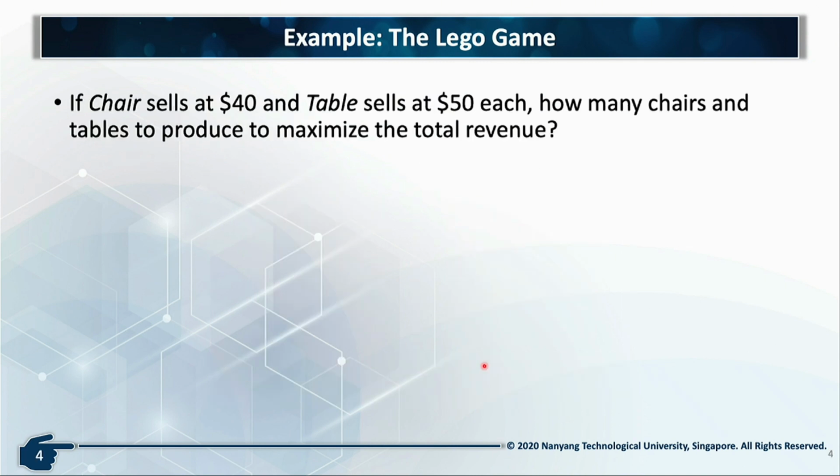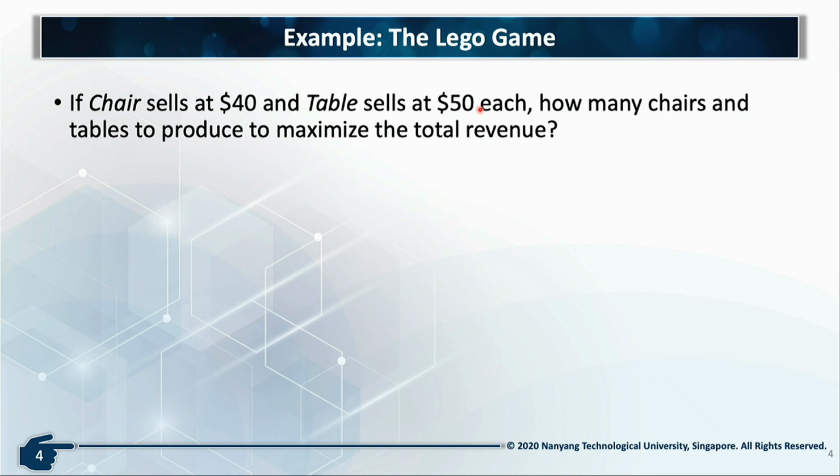Suppose you can sell each chair at the price of $40 and each table at the price of $50. Then the decision you're going to make is to determine how many chairs and tables to produce in order to maximize the total revenue. Is this problem clear?